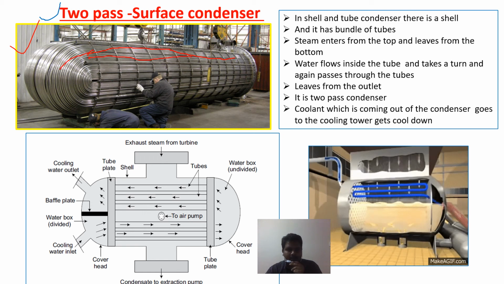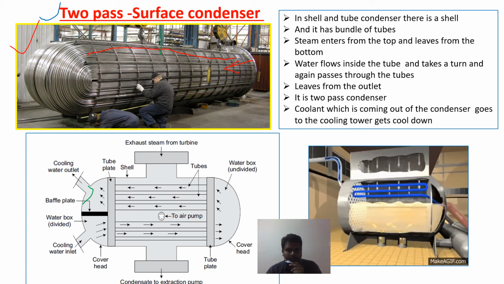At the end, these tubes bend and it will move like this. The water will enter into the tubes and steam flows over the tubes. There is no direct contact between the water and steam. This total setup is placed inside the shell.